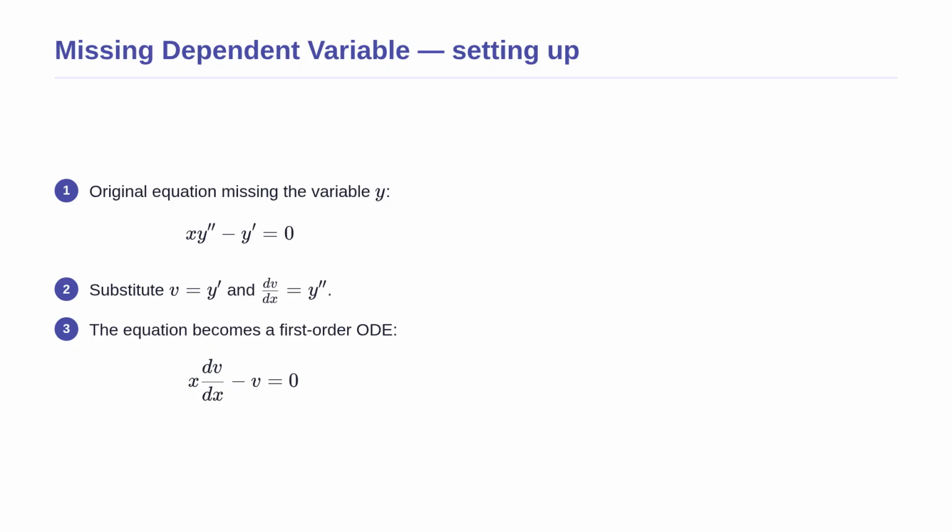We proceed by setting up our standard substitution. We define a new temporary variable v to be exactly equal to the first derivative y prime. Consequently, the derivative of v with respect to x equals y double prime. Plugging these into our original problem, we transform it into a standard first-order differential equation involving only x and v.